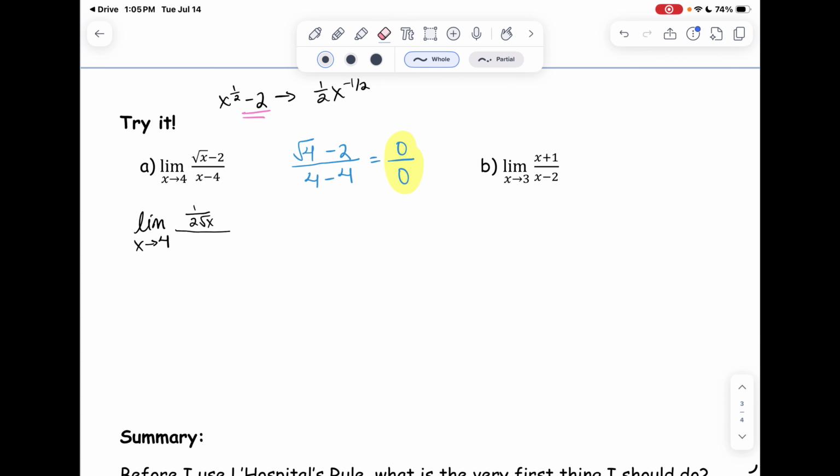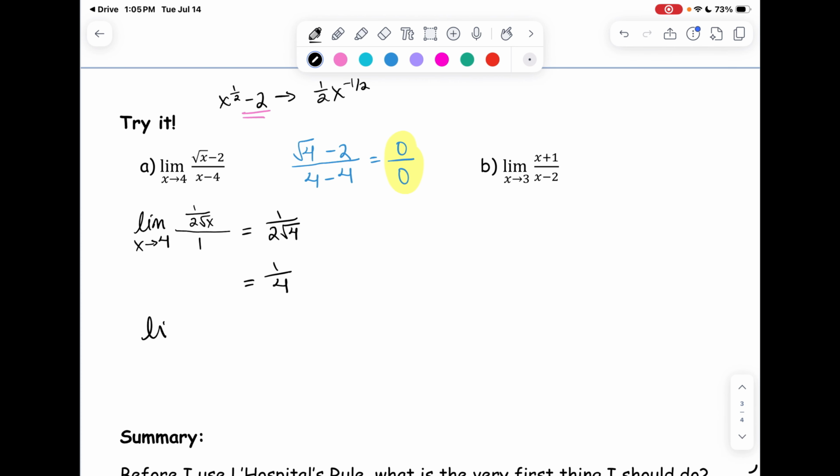If I take the derivative of the denominator now, x minus 4, we would just be left with 1. So now if I go to directly substitute to actually evaluate the limit, I would be left with 1 over 2 times the square root of 4, which ends up equaling 1/4.